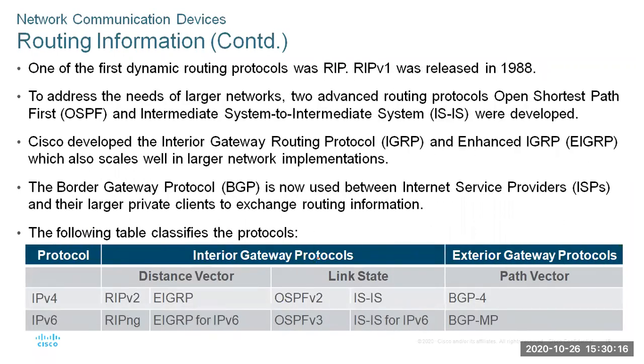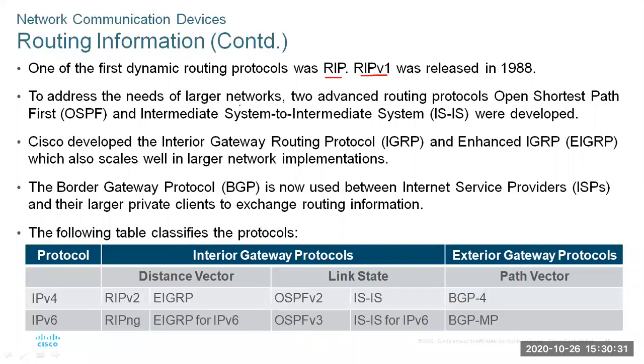Now, one of the first dynamic routing protocols that is very common is RIP. RIP is Routing Information Protocol, which is RIP version 1. All right, and we have RIP version 2 now. All right.